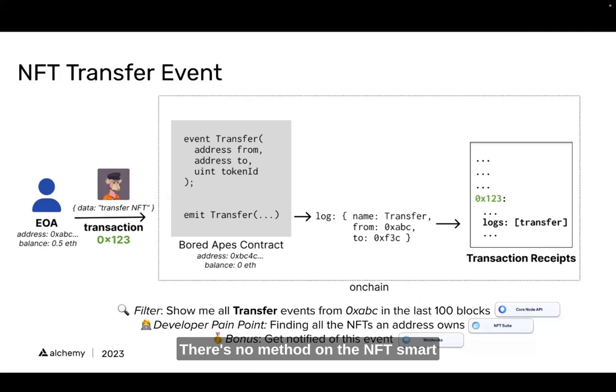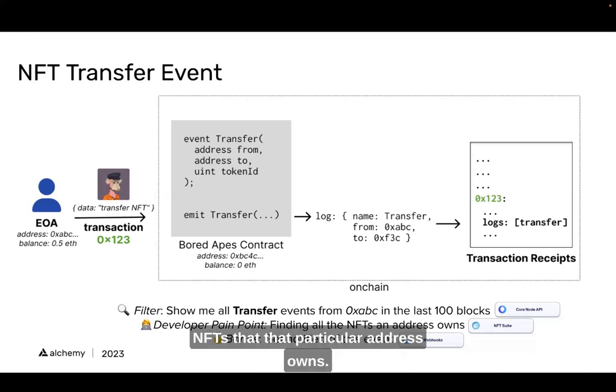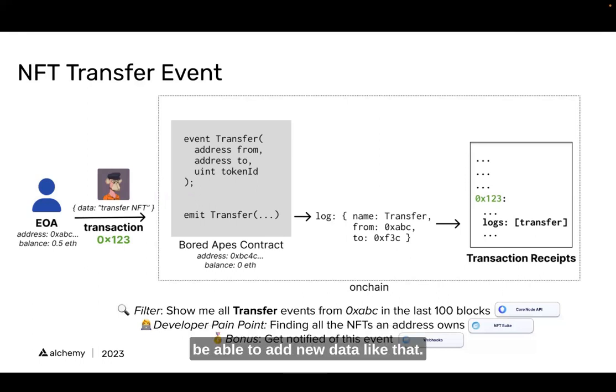There's no method on the NFT smart contract that says here are all the NFTs that address owns, because of the constraints I talked about with smart contracts that make it very difficult to add new data like that.